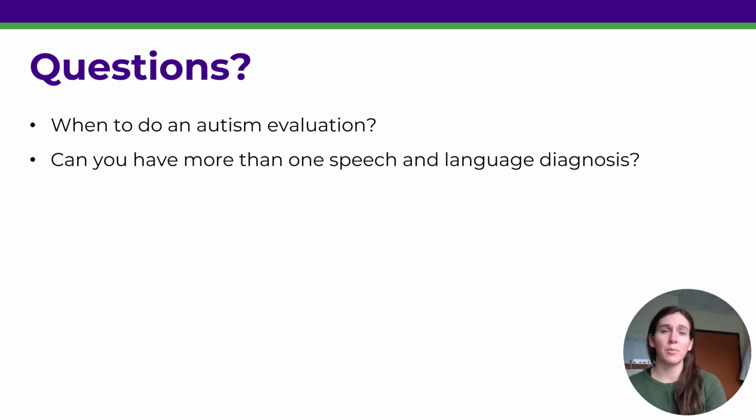Often your primary care provider can help guide you to who can provide the evaluation. Professionals who are often involved with autism evaluations include speech and language pathologists or SLPs, neuropsychologists. Medical providers can include psychiatrists, developmental behavioral pediatricians, as well as neurodevelopmental neurologists.